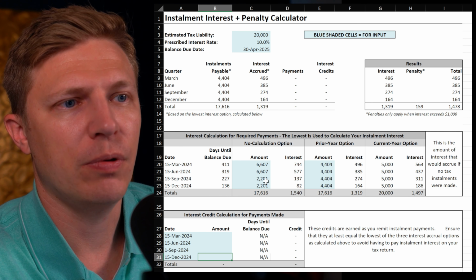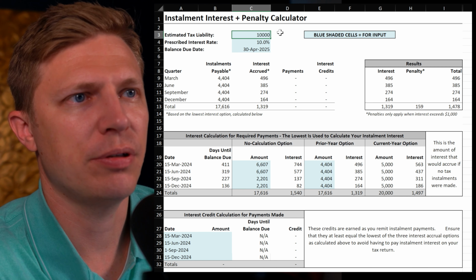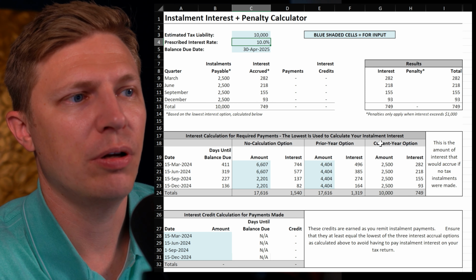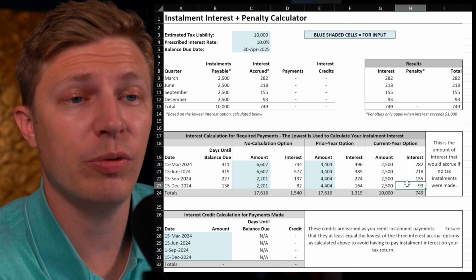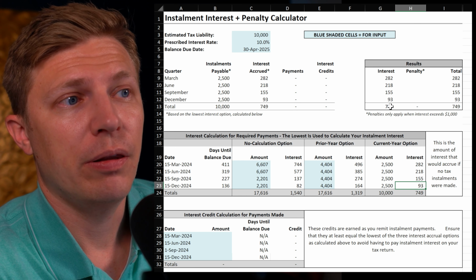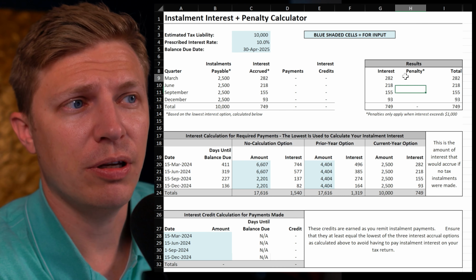So you'll notice here, if I say this is 10,000, all of a sudden, current year option now becomes the lowest of the three. Therefore, that's the one that CRA is going to charge you for. The interest is $749, lower than $1,000, and therefore no penalties.